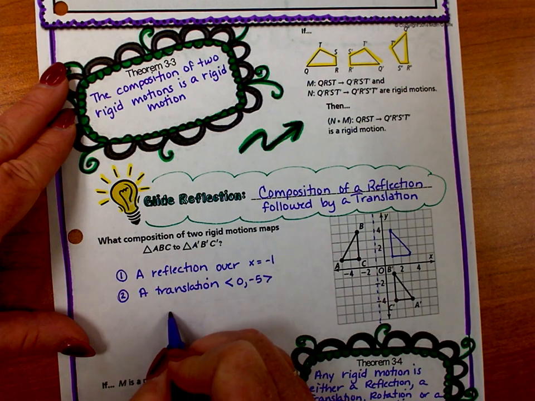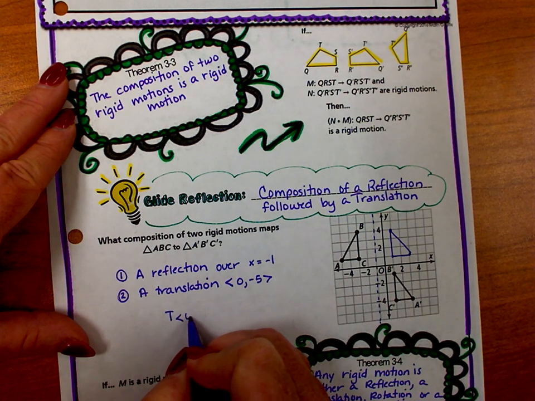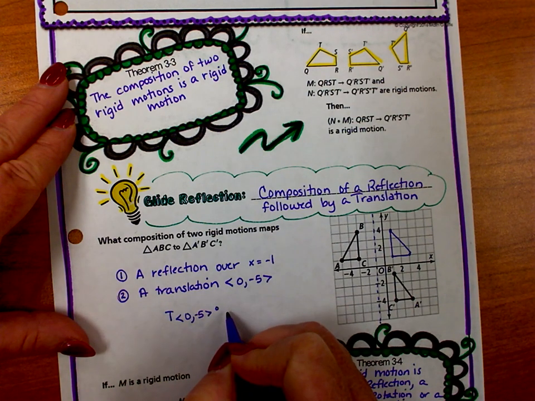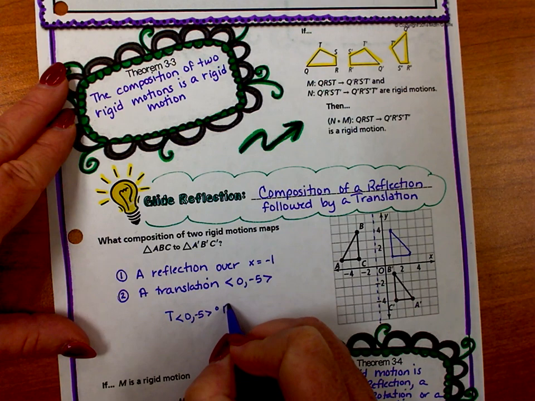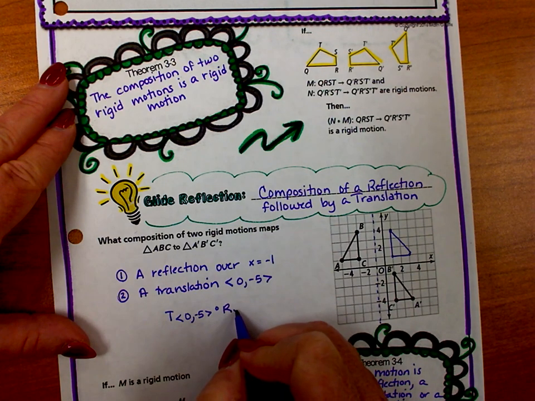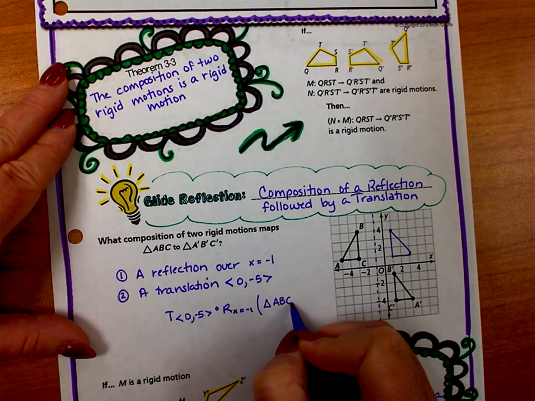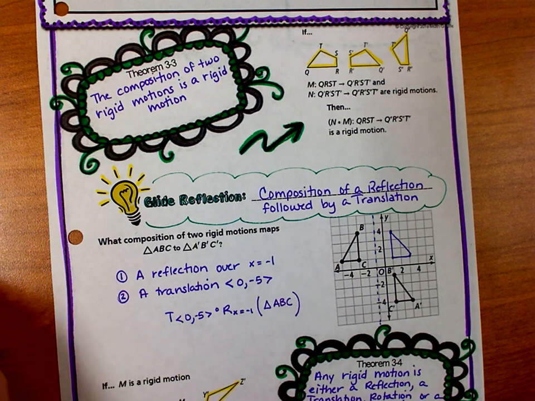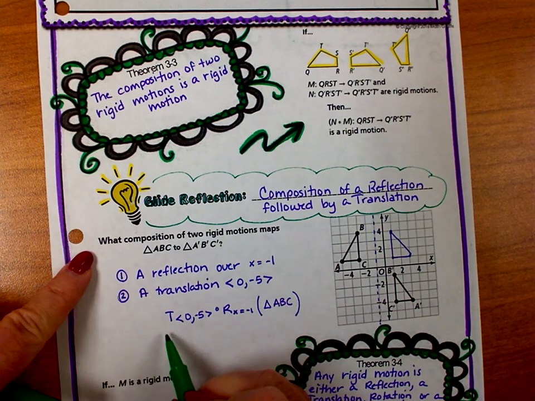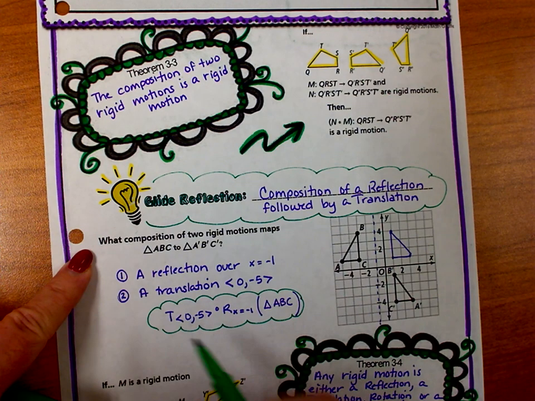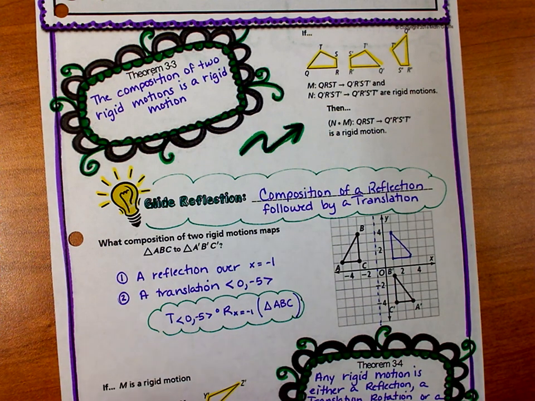So we're going to say that this is a translation of (0, -5) in a composition with a reflection over x equals -1. And this was done with triangle ABC. So this is what we mean by a glide reflection. It's a composition of a reflection followed by a translation.